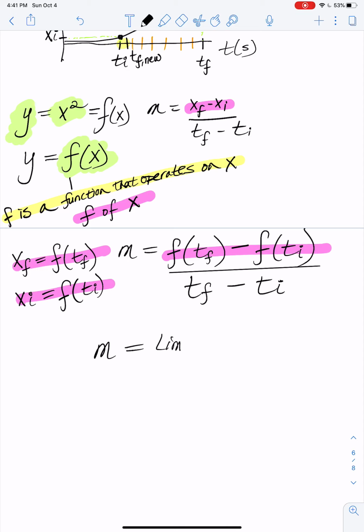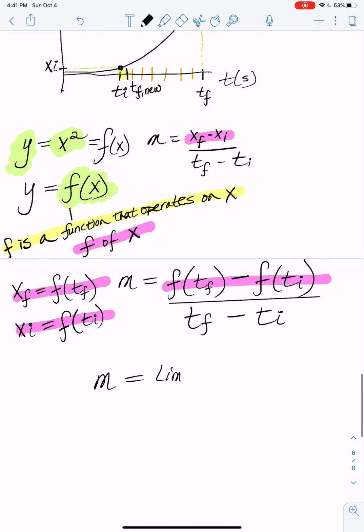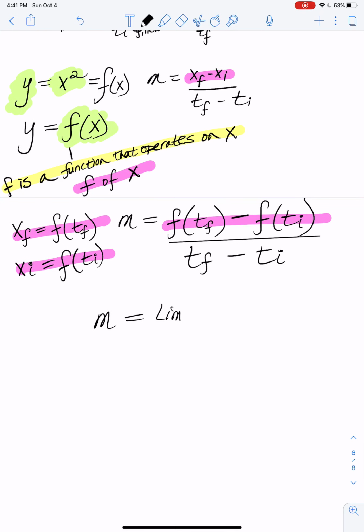So I need a variable for that yellow spot. So I'm just going to call it a letter. I'm going to call it H. All right, H is that yellow spot. So I'm going to write it down off to the side. H equals the yellow spot. All right, so that means that we have 2 times now. We have TI, right, which is still the same TI. And then we have TF, which is now the yellow spot plus, right, it's TI plus the yellow spot.